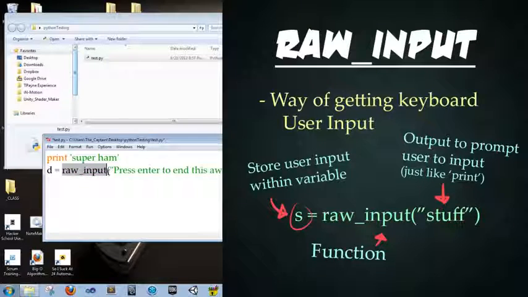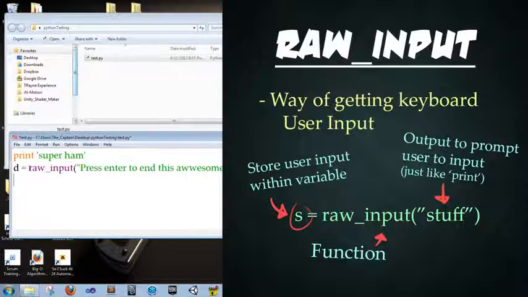Raw underscore input is the function, and then within the parentheses of raw input, you're going to punch in whatever string you want to be output to the user to prompt them to enter something. So in this case, we said press enter to end this awesome script. Gosh, that misspelling's bothering me. Okay. And what happens is once the user presses enter, then it continues on the script. Since there is nothing else after the script, it closes out the file.